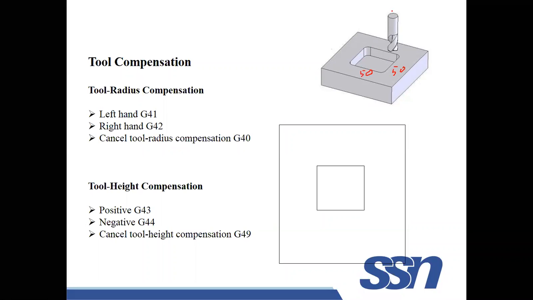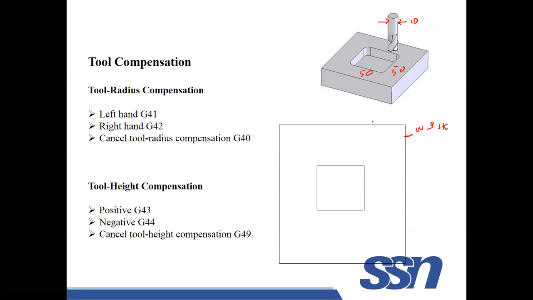And I am assuming that the diameter of the tool is 10. It is an example case. The diameter of the tool is 10 mm. Now this is my workpiece outline. I have to do pocketing along this area, right?